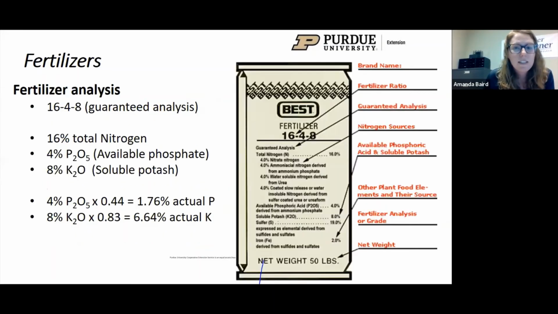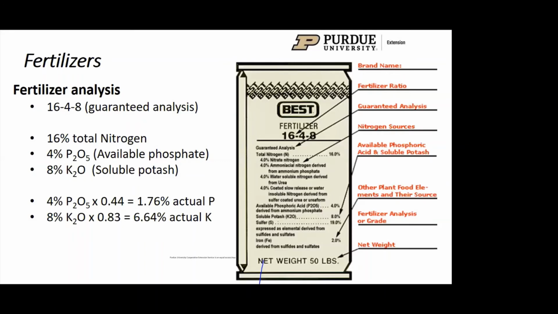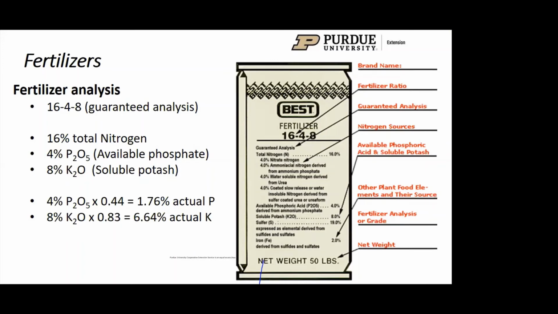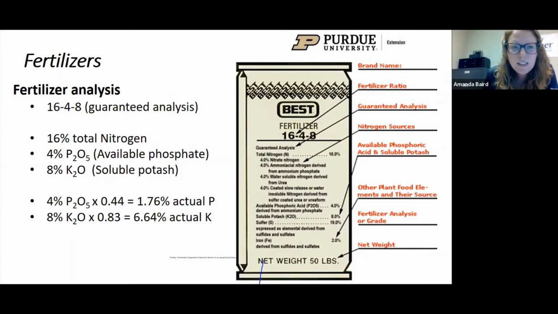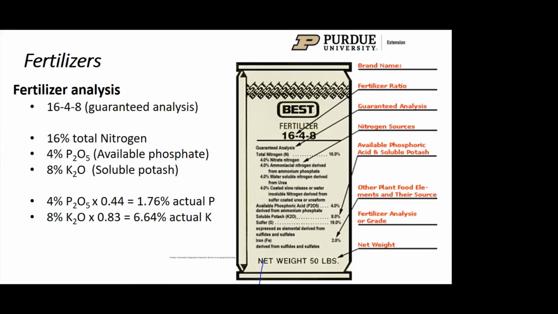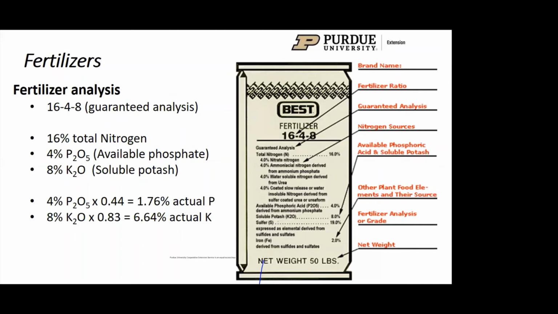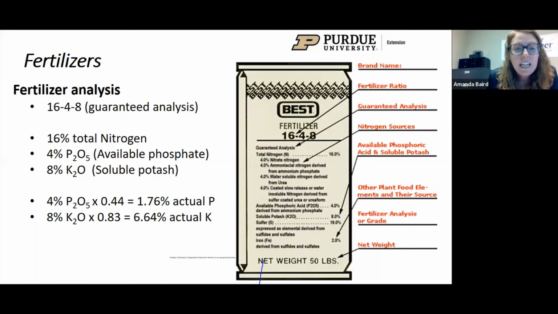And what that means is, if we look here at this graph, so imagine that this is a bag of fertilizer. Every bag of fertilizer is labeled with 3 numbers. So here we can see that we have our 16, 4, 8. That is the guaranteed analysis of the percentages of nutrients that's going to be in this bag. Now the 16 is going to be our nitrogen, then our 4% is going to be our phosphate or our phosphorus, and 8% is going to be that potassium.